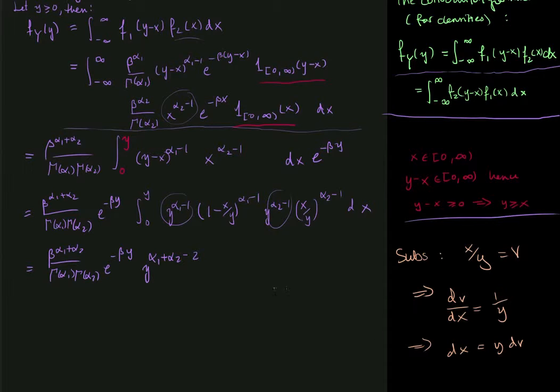So integration by substitution here, guys. And that also means that this upper bound will turn into 1. So now it goes from 0 to 1, and then I have 1 minus v to the alpha 1 minus 1 multiplied by v to the alpha 2 minus 1 multiplied by y dv. Yes, y dv. Yes, that's true.